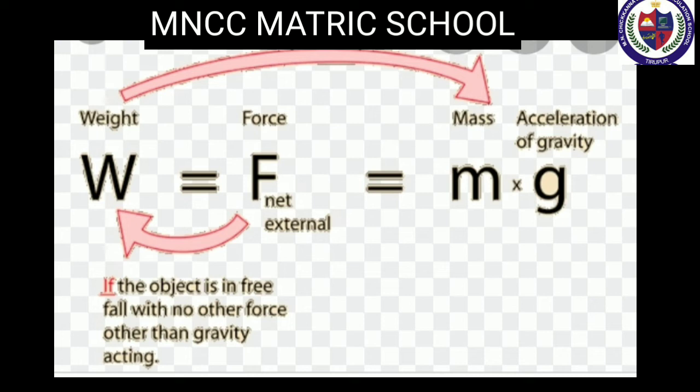The definition of weight is the normal force exerted by the surface on the body to balance against gravitational pull on the object. The gravitational force acting on the object is given by mg. Here m is the mass of the object and g is acceleration due to gravity.